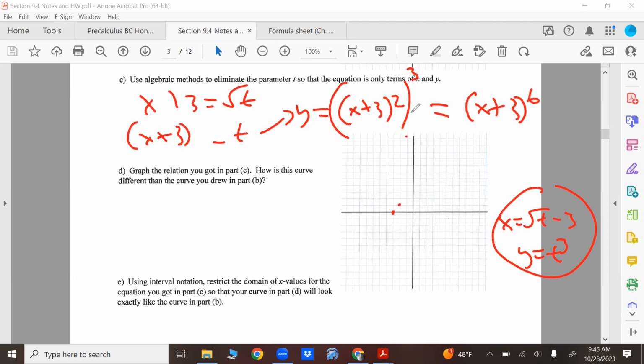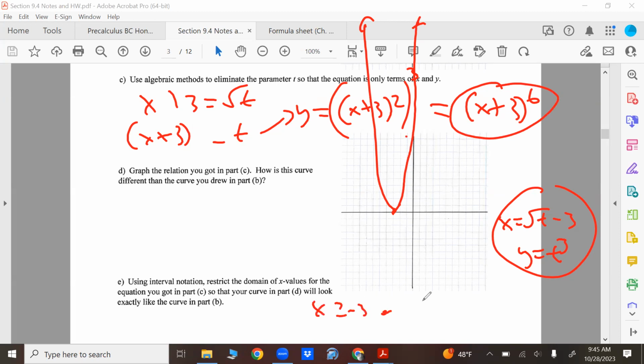That's way up here. And 0 is way up here. I'm guessing it would look like this. It kind of looked like a parabola in some ways. Given the end behavior, if x were very negative, it's still positive. And actually, this will never be negative because the range will never be negative because you're raising something to an even exponent, and you don't have anything else going on there. Yeah, and if I want to restrict the domain, I would say x is greater than or equal to -3, or -3 bracket infinity. That one.